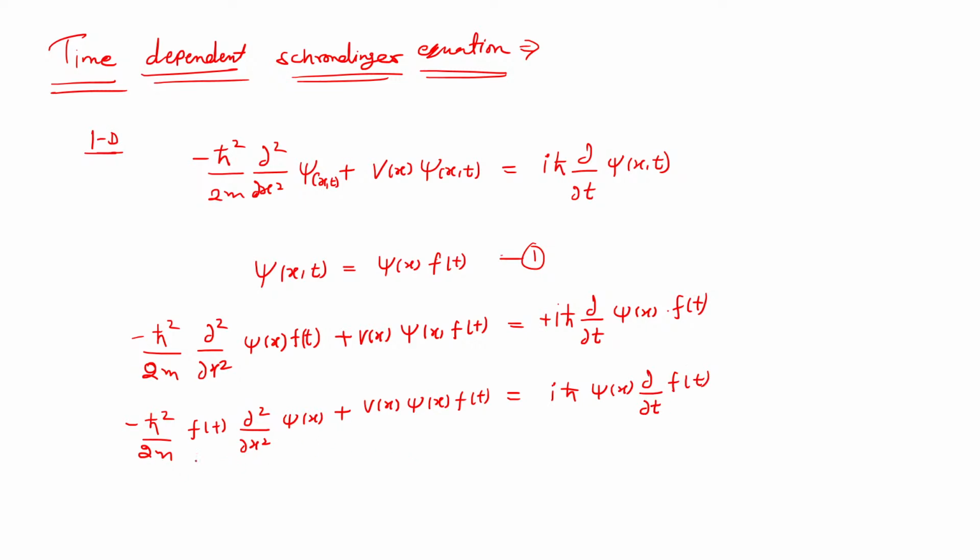Now if I divide it by psi(x) f(t), then what will happen? This f(t) will cancel out and 1 over psi(x) will come.